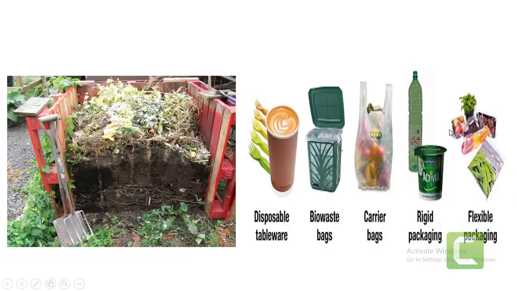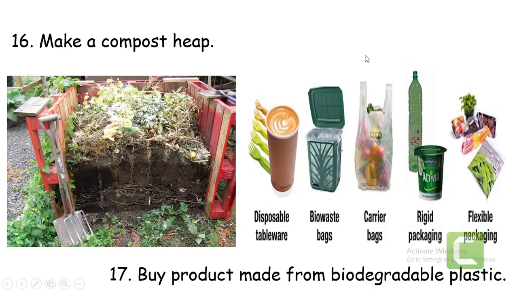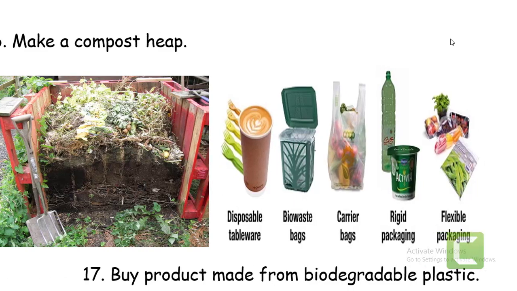So okay, another thing, make a compost heap. We can make it from food waste. And here we can buy products made from biodegradable plastic. It means plastic that can be broken down by the environment, by bacteria.